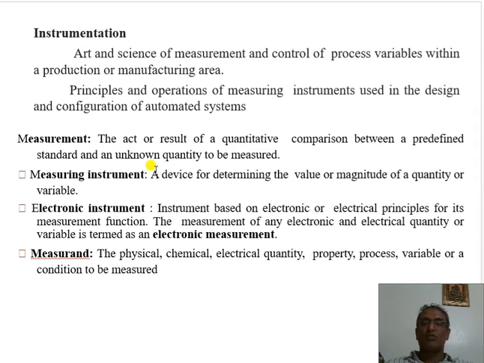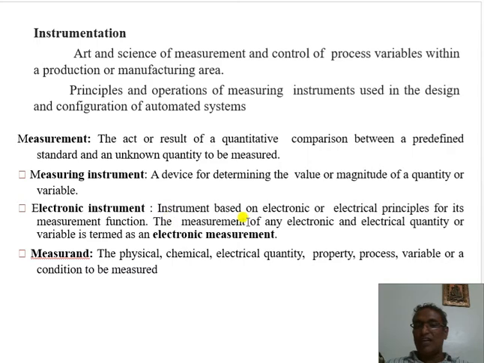What is a measurement instrument? A device for determining the value or magnitude of a quantity or a variable. It can be a variable, or the magnitude of a quantity, anything. That's what we call a measuring instrument. An electronic instrument is an instrument based on electronic or electrical physics principles for its measurement functions.